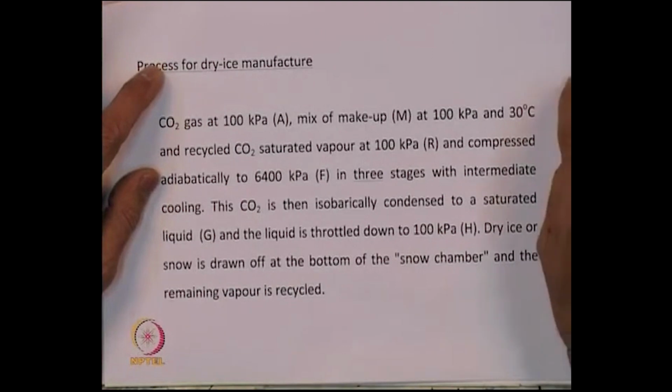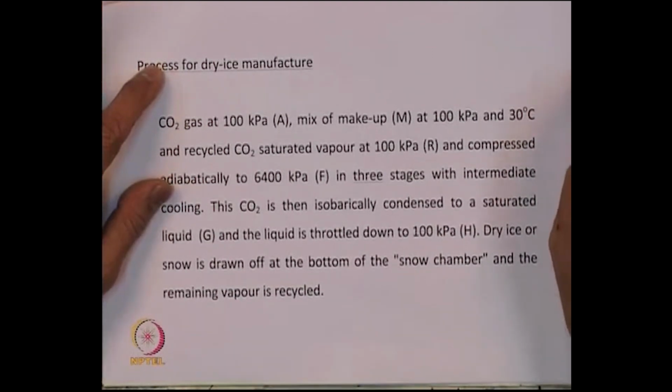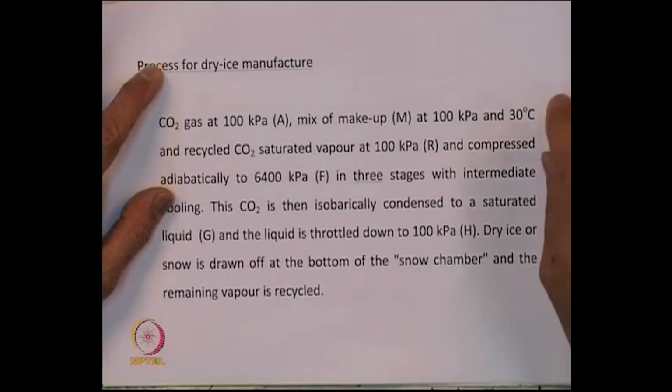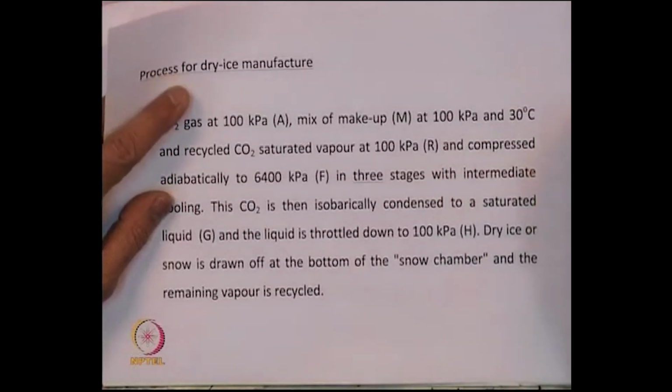So, to the power 1/3 is 4. So, you will go from 100 to 400, 400 to 1600 and 1600 to 6400. At the end of each compression you will cool it back to roughly 25 degrees or whatever is a convenient temperature, and then you isobarically condense it to a saturated liquid.